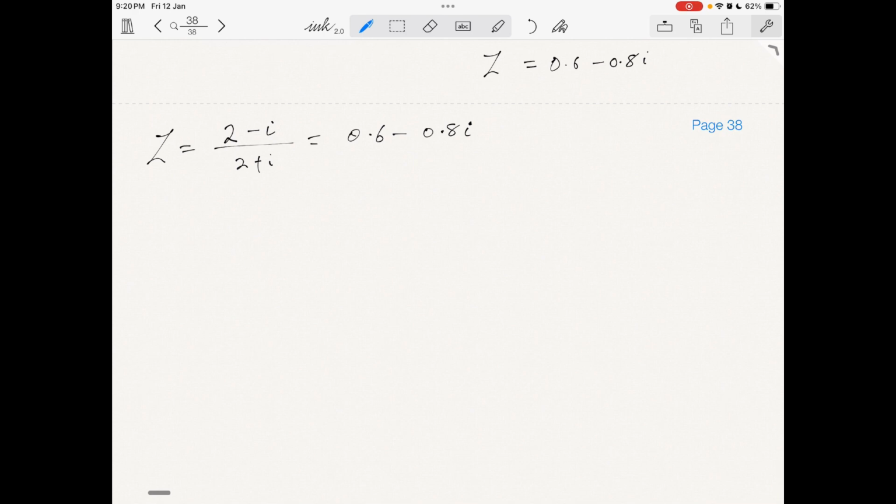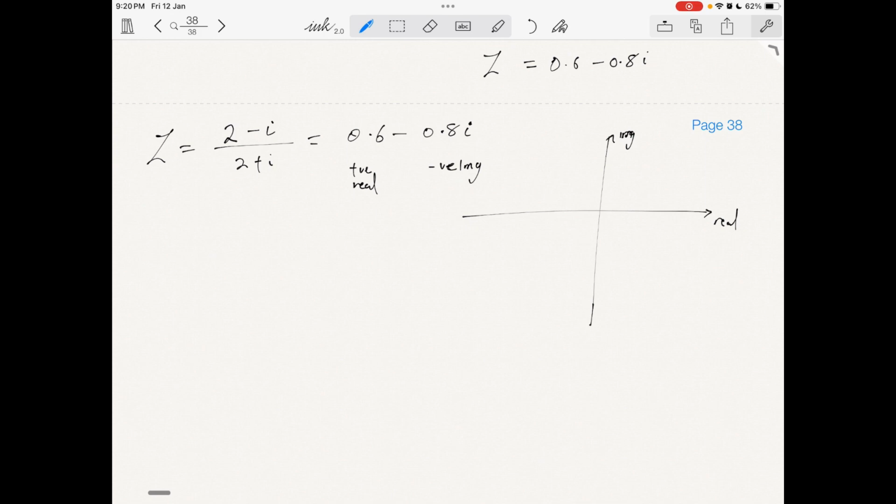So not to waste too much of our time, the first thing to do is to draw the Argand diagram of this complex number. Note that it has positive real part and negative imaginary part. So this is the imaginary axis and this is the real axis.